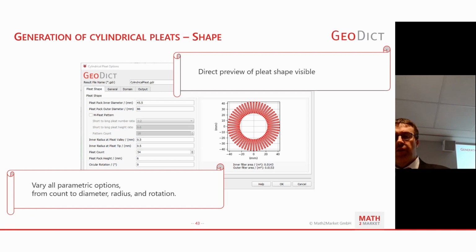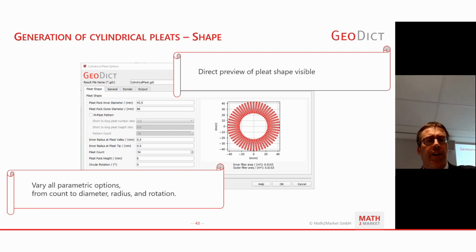First, the shape. You have a UI where you can vary all parametric options from the pleat count over the diameters, the radius, the rotation of the complete thing. And what is not shown here, but we will show later in our live demo, is a direct preview of our pleat shape. This is directly visible.